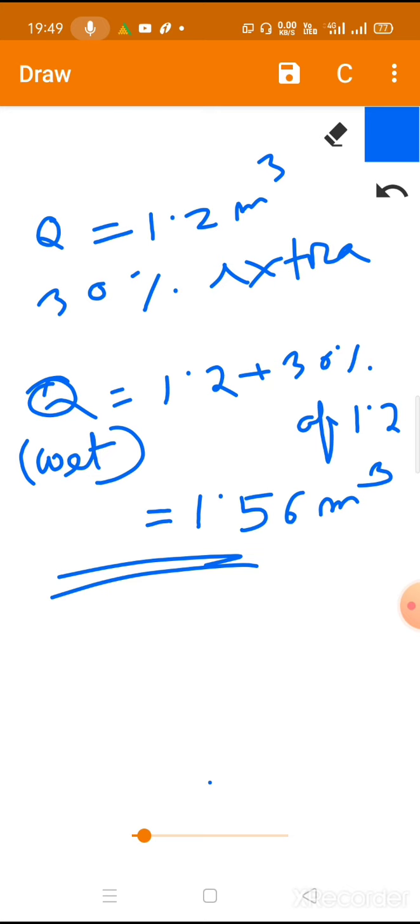So the total quantity of dry volume will be 25% extra of the wet volume.